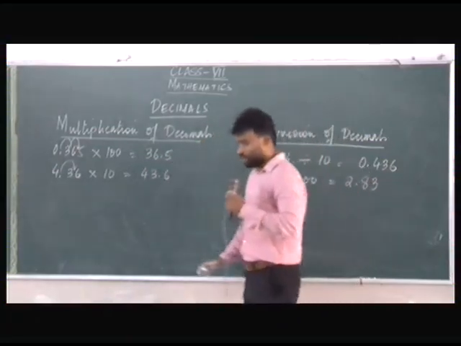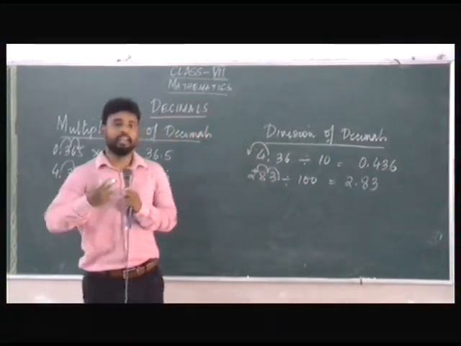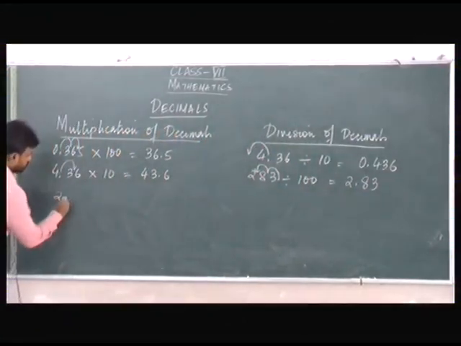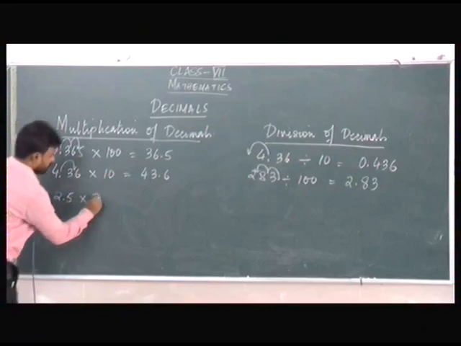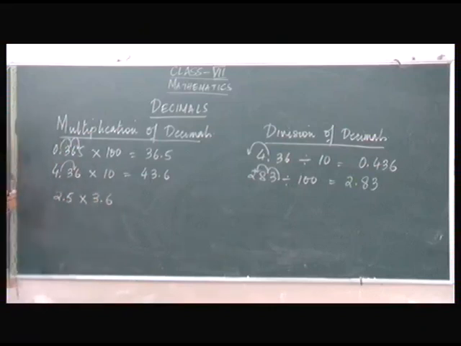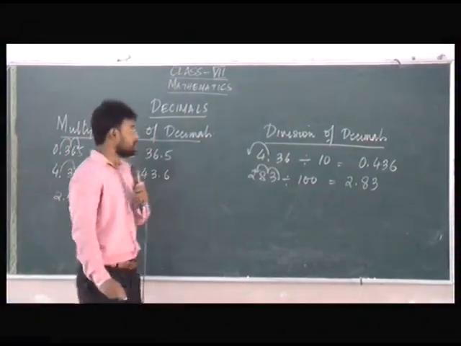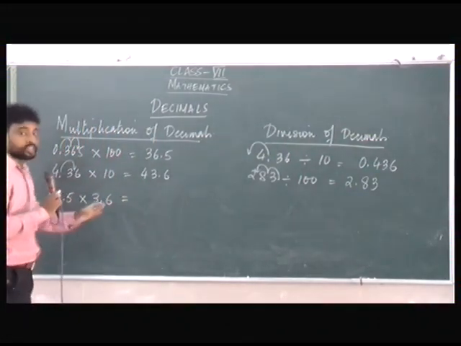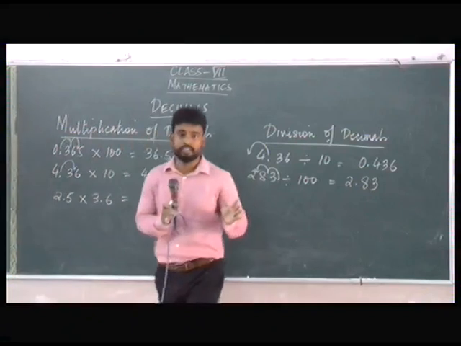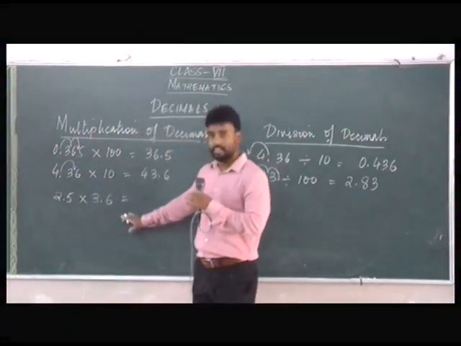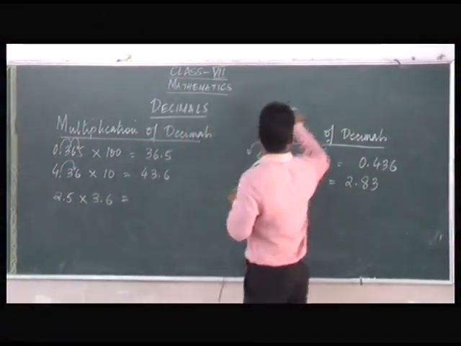Suppose we have any other number other than 10, 100, then what will we do? For example, we have 2.5 and 3.6. First we'll multiply 25 with 36. Ignore the decimal first. Take these numbers as 25 and 36. Now let us multiply.